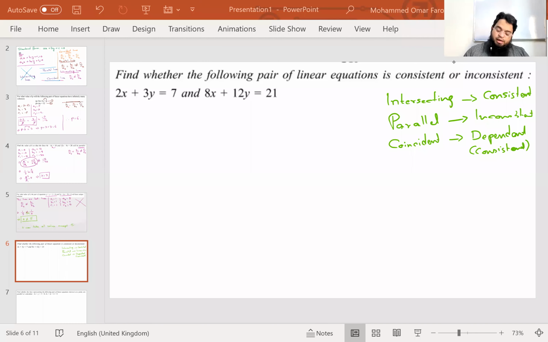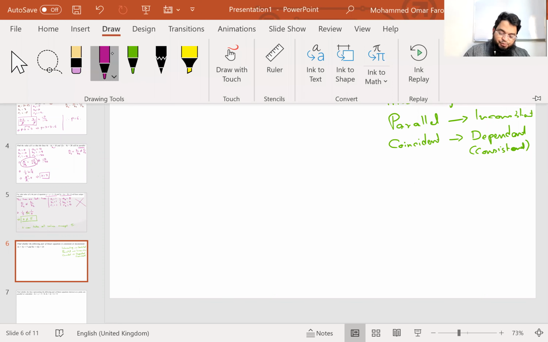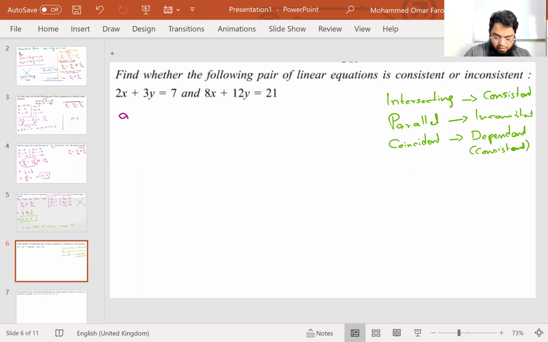So in order to find whether they are consistent or not, let us note down a1, a2 and find out the ratios. So a1 is 2, b1 is the coefficient of y, 3, c1 is -7, and a2 equals 8, b2 equals 12 and c2 equals -21.